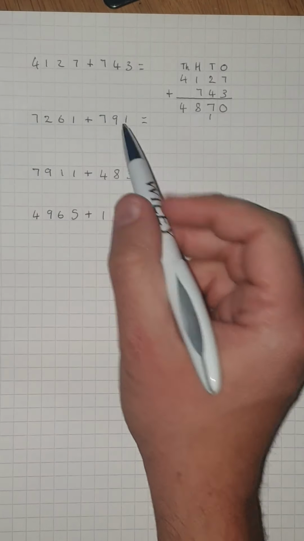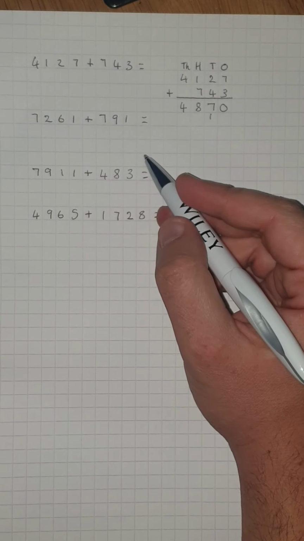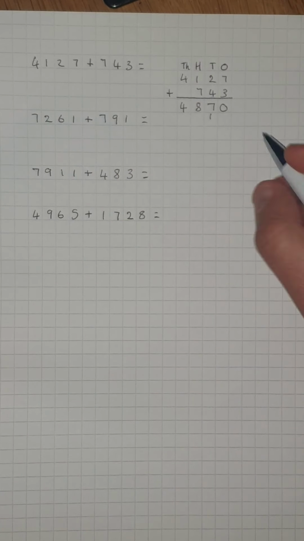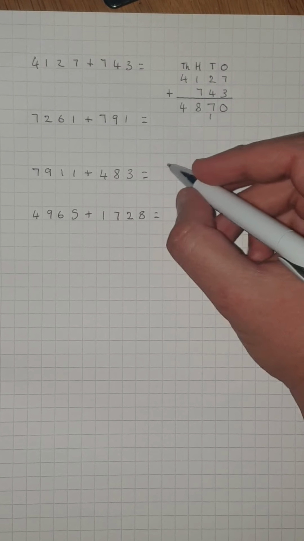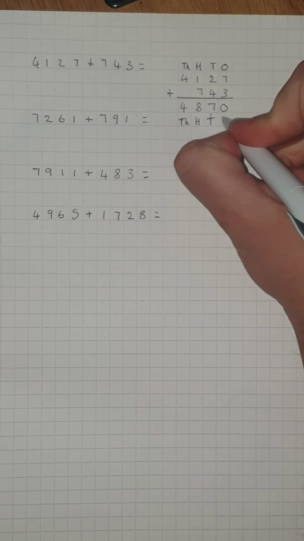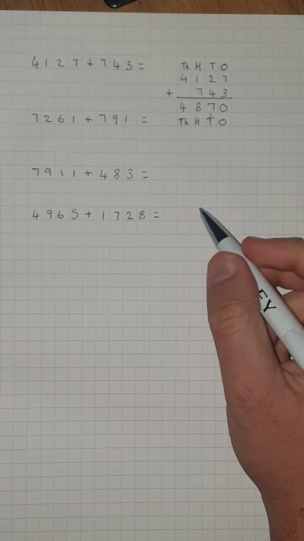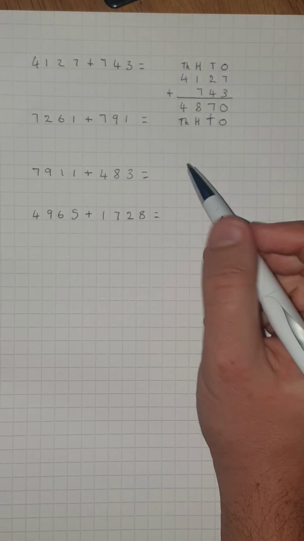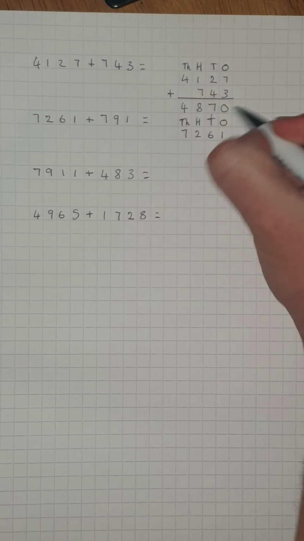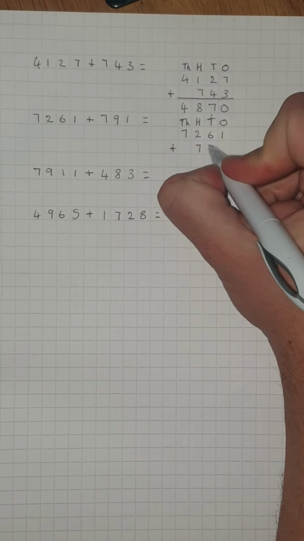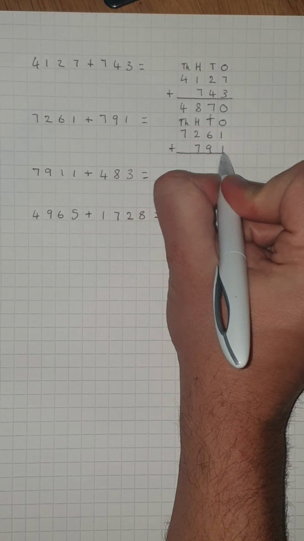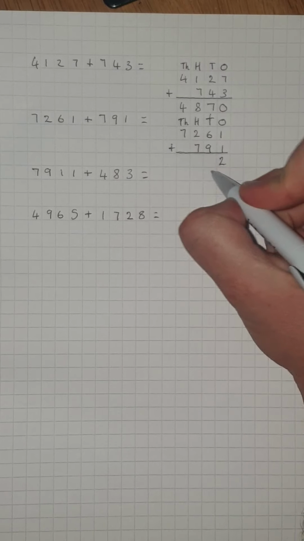Okay, exactly the same here, but this one will demonstrate the exchange between the tens to the hundreds. So thousands, hundreds, tens and ones again. See how I'm doing that every time to get really consistent. 7,261 plus 791. 1 and 1 is 2, no exchange. 6 and 9, 15.